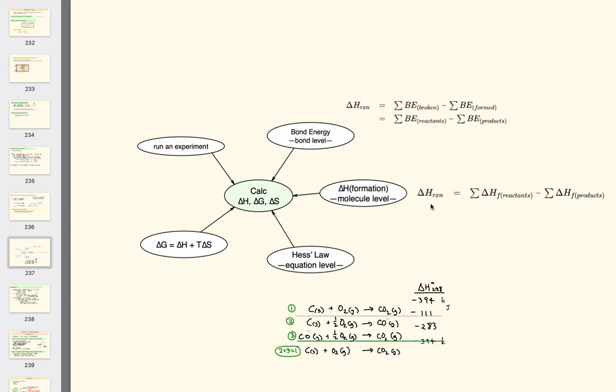Okay, at the molecular level, delta H for a reaction. And by the way, this could be delta H, or delta S, or delta G, any one of your three thermodynamic parameters. Anytime you see something for one of these parameters, it probably applies for all three.